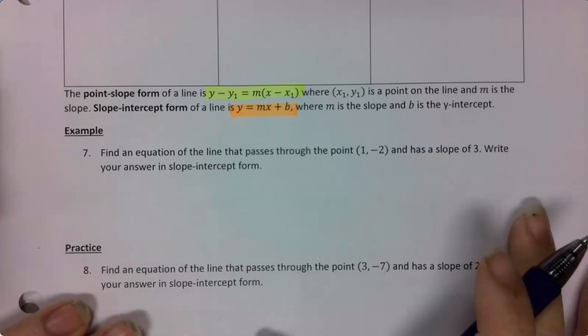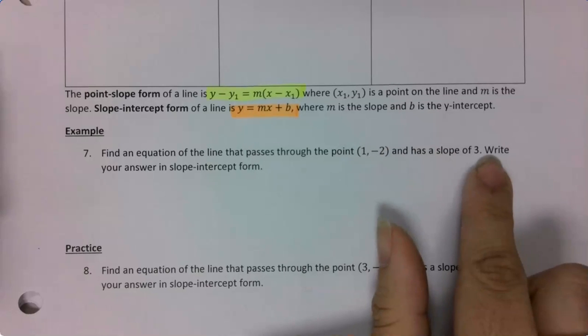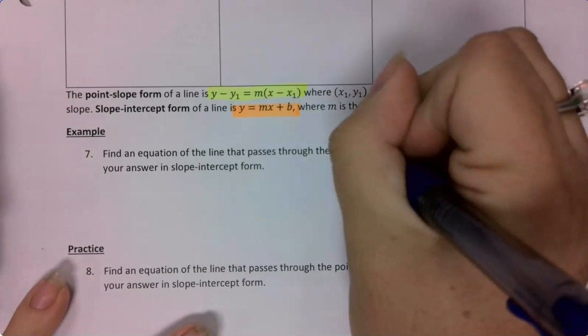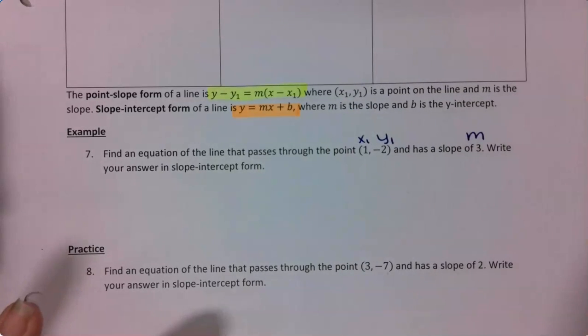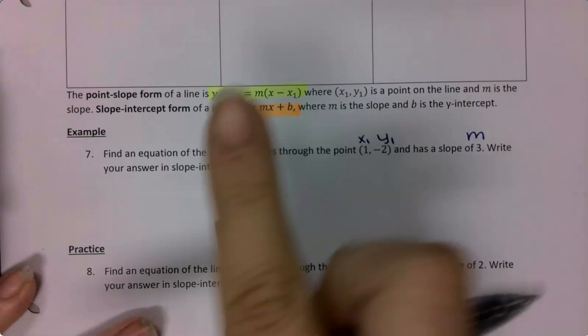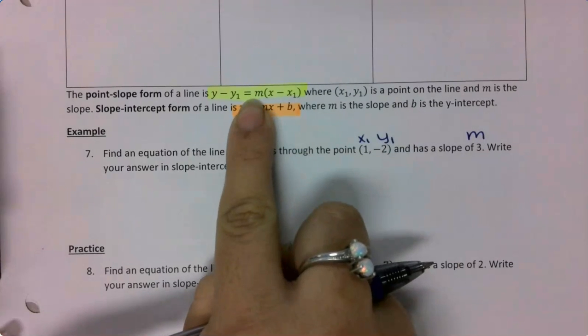Number 7 wants me to write the equation of a line that passes through the point 1, negative 2 and has a slope of 3. So I'm going to make this x1, y1 since it's giving me a point, and the 3 is going to be my m. Then, since I have an x1, y1, and m, I'm going to plug into the point-slope formula.